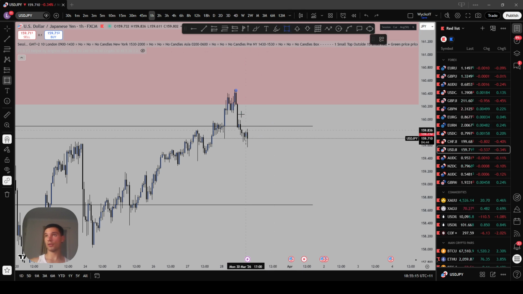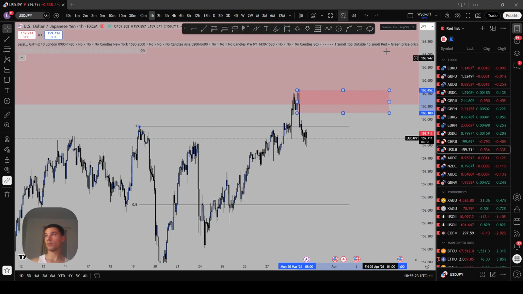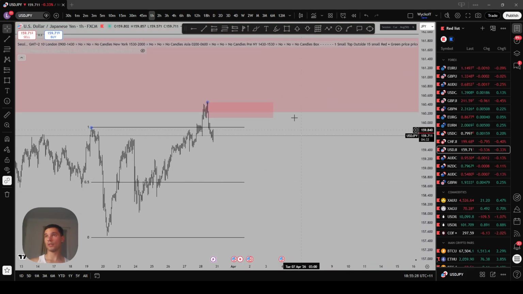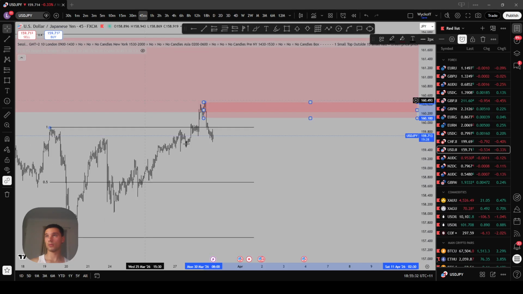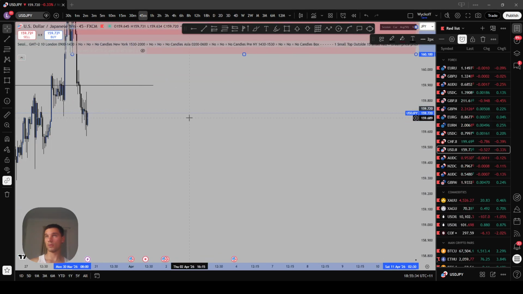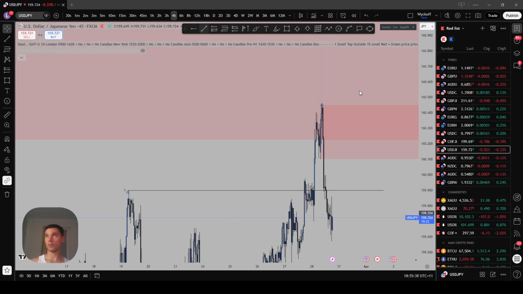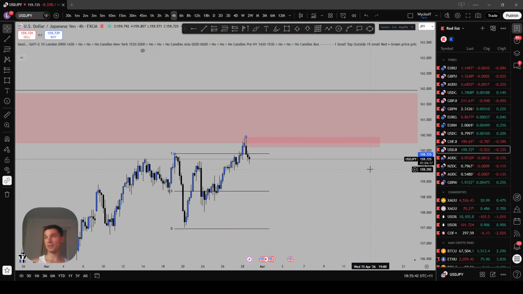We do have our extreme supply POI quite evidently positioned here. It also is a tap above, which is good to see. So yeah, we'll leave this as is.